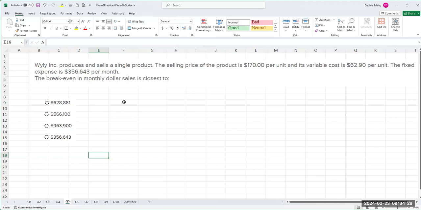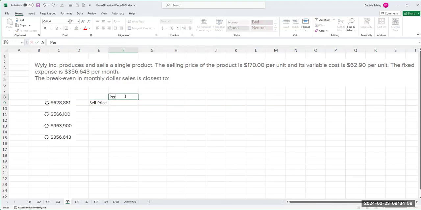So if you remember, break even, the contribution margin has to be enough to cover those fixed expenses. And to get it in dollar sales, I need to figure out what my contribution margin ratio is. So because I know my selling price, and this is per unit, right?